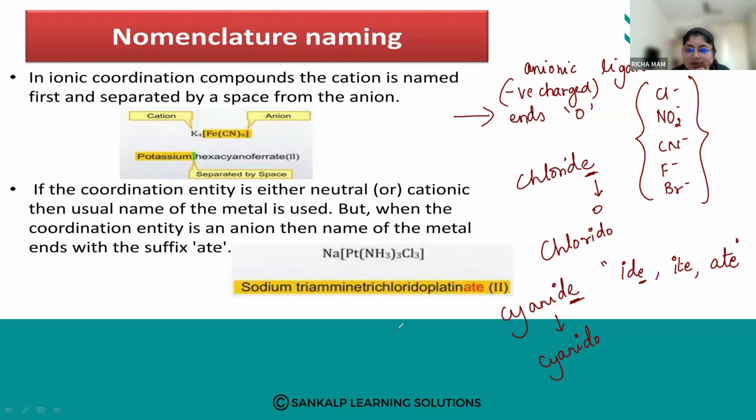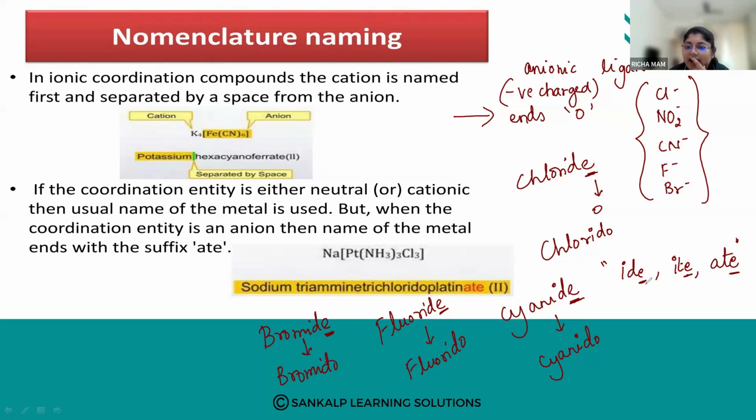Whenever any negative ion is ending with IDE, like chloride or fluoride, the E of fluoride is replaced by O, so the name becomes fluorido. Bromide: the E will be replaced by O, bromido.